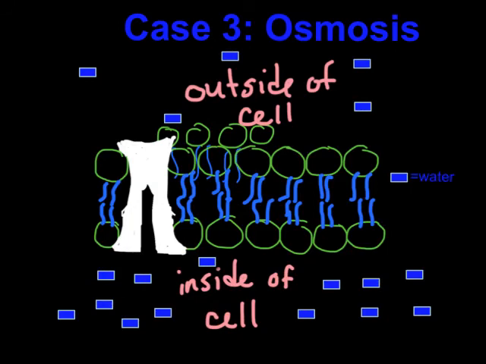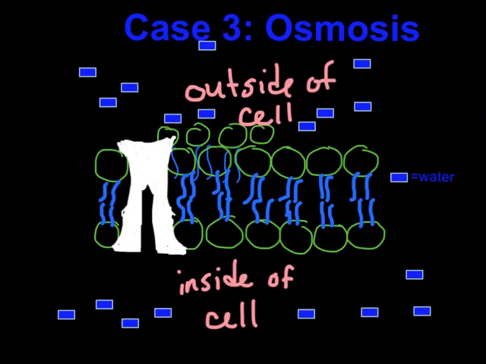So water is going to move across the cell membrane, mostly from the inside to the outside. And as it moves from the inside to the outside, we're going to see the concentration change until it gets to a point where it's about equivalent, and then we'll be at the equilibrium point. So osmosis is just dealing with the simple diffusion of water.